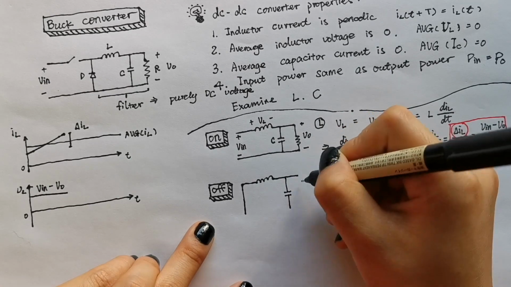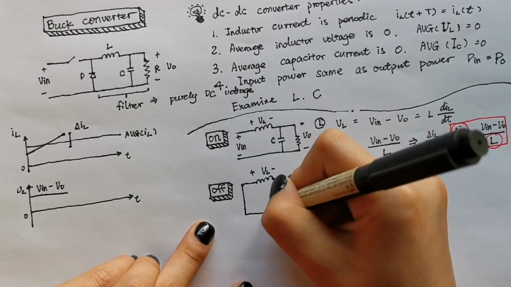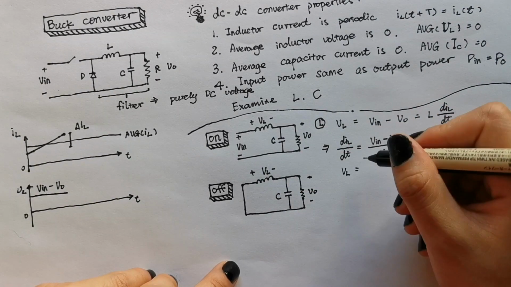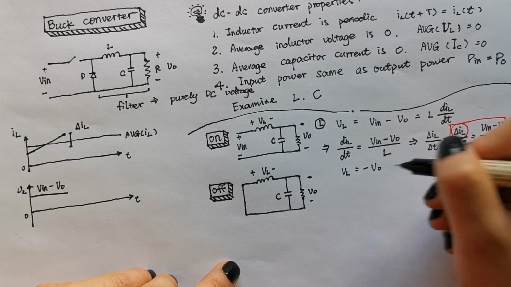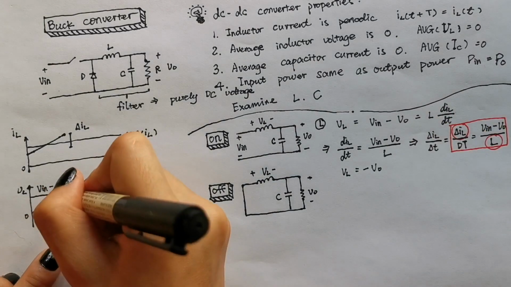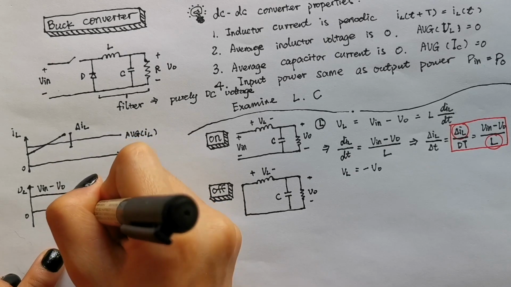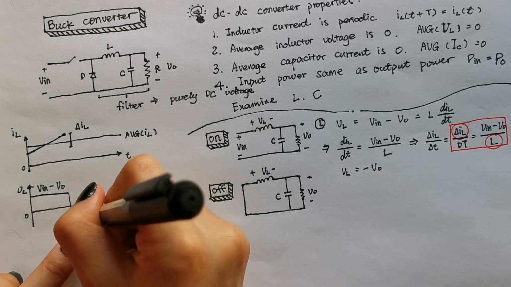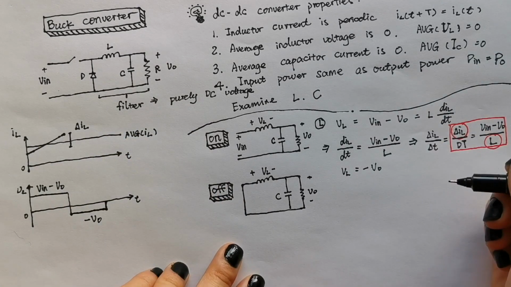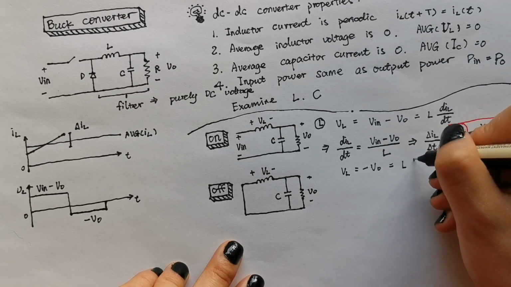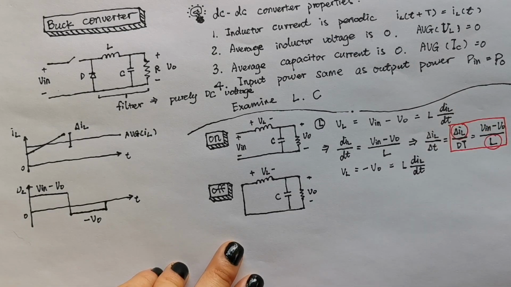When the switch is off, the equivalent circuit looks like this. The voltage across the inductor is minus Vout. And we do the same thing as when the switch is on.